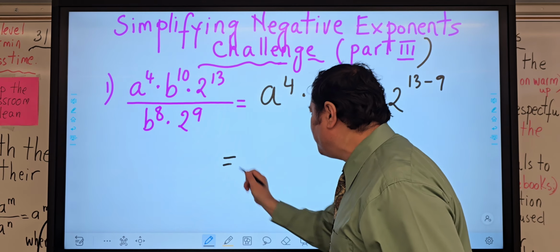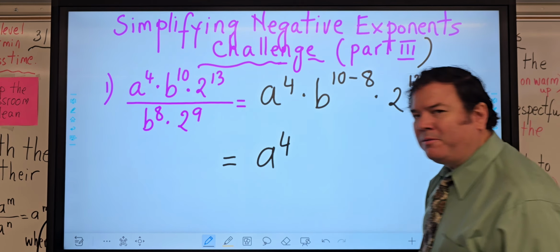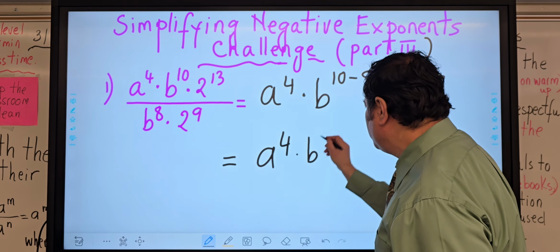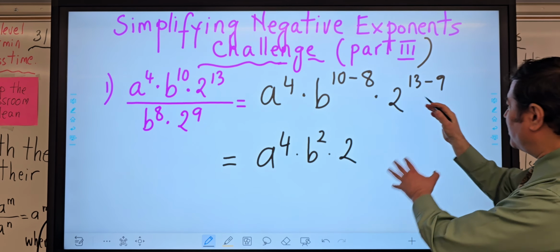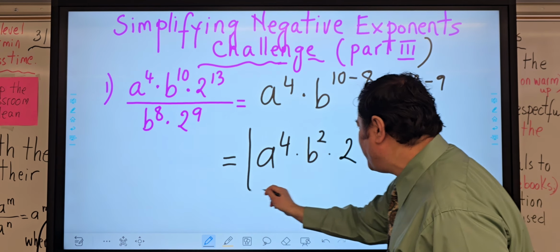Let's see what we have now. A to the 4th is going to stay in the answer. A to the 4th. B to the 10 minus 8 becomes 2, times b to the 2nd power, and times 2, 13 minus 9 becomes 4. So that's our final answer.